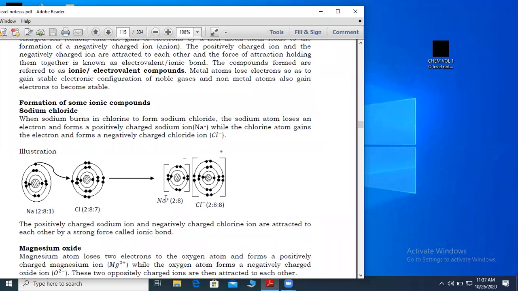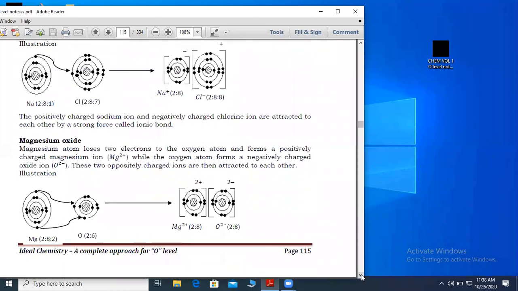And we are saying these oppositely charged ions attract each other and they form a compound. Now the compound will have no charge because positive 1 plus negative 1 is equal to 0. That is sodium chloride.